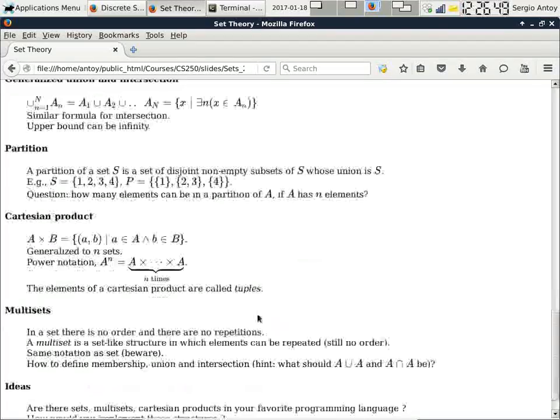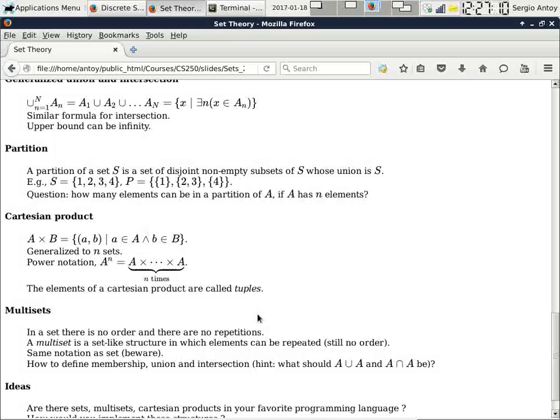All right. We use a power notation for this, where if we do the Cartesian product of only one set with itself many times, n times, we write it A to the n, where the definition is there.